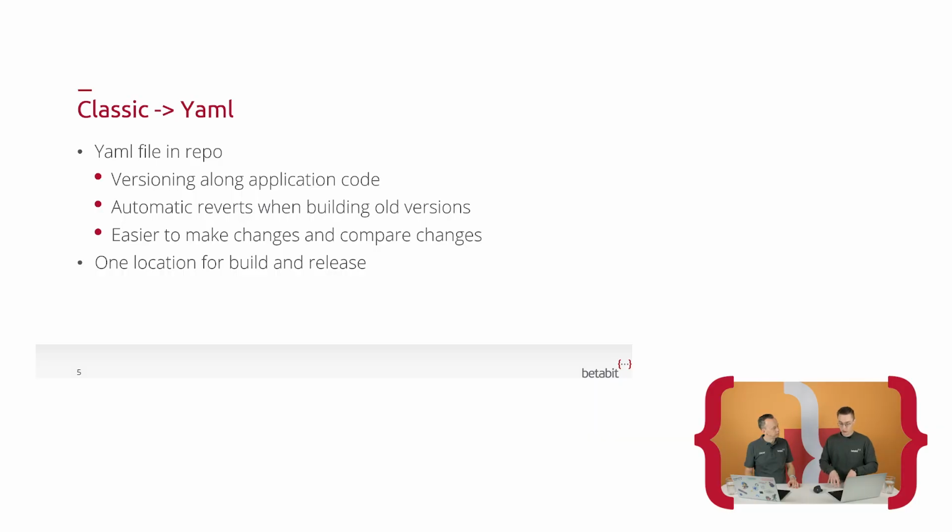Because it lives in your repo, it's really easy to version it along with your application code. You can edit it with text editors. You can easily revert because it's all part of the same commits. So it's really easy to incorporate the pipeline work with all of your standard application changes.